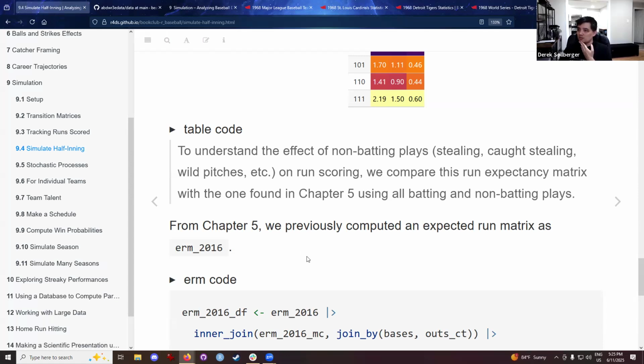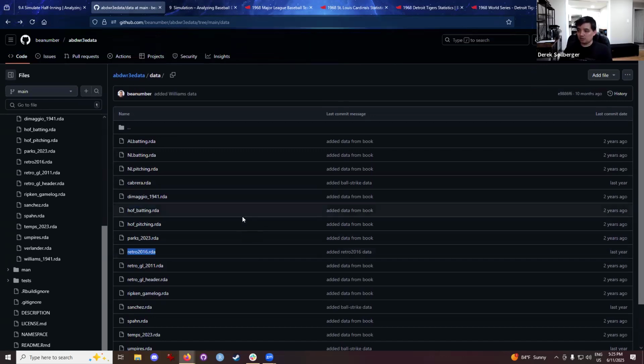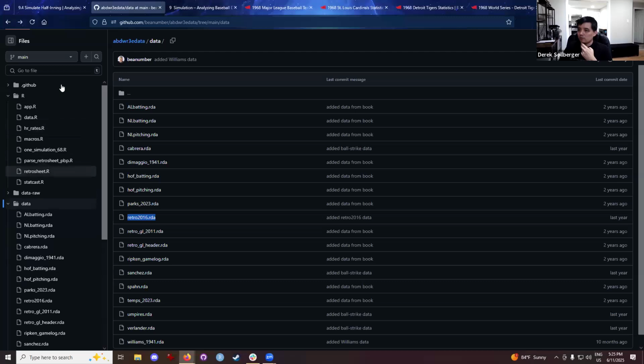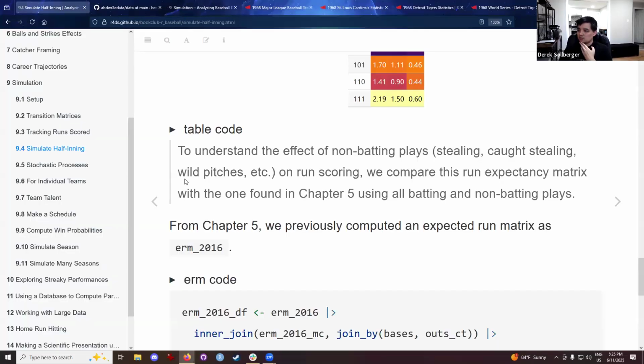Now, in my ignorance, when I began this chapter, I grabbed the retrosheet data file from their GitHub page. I did not find the ERM data file here or in the other folders. So that was why I just felt a little lost.